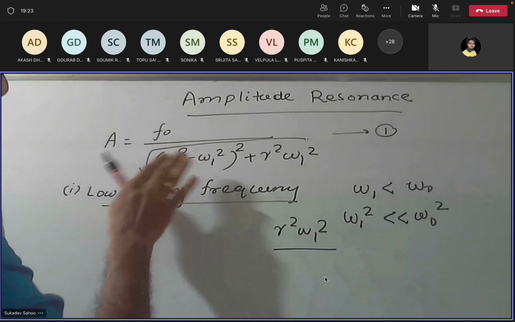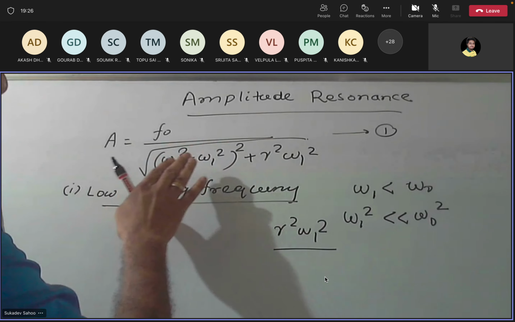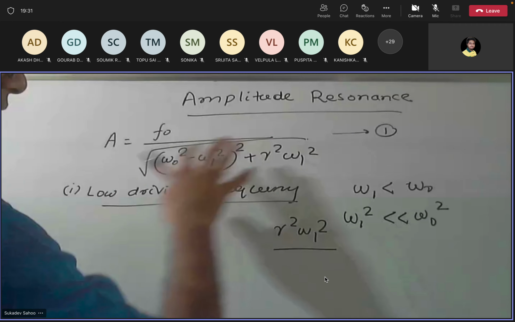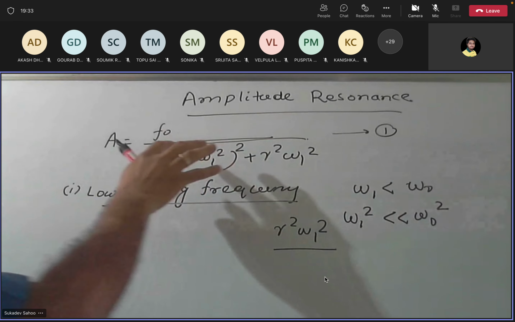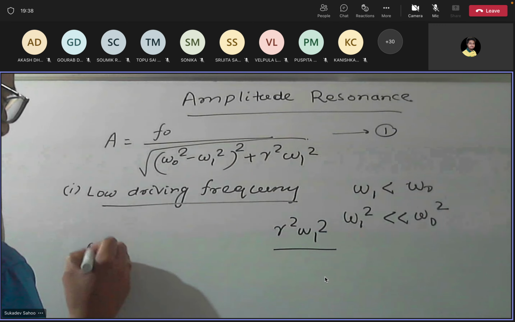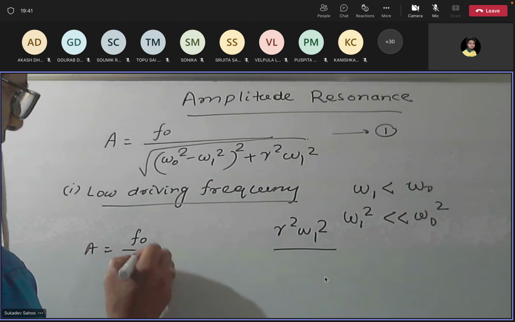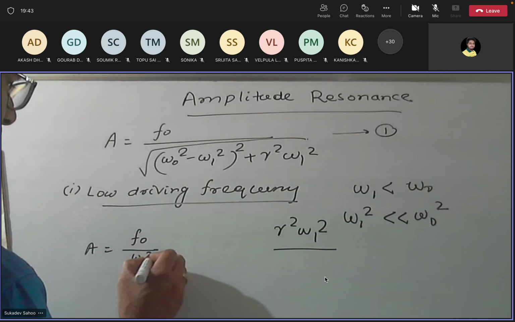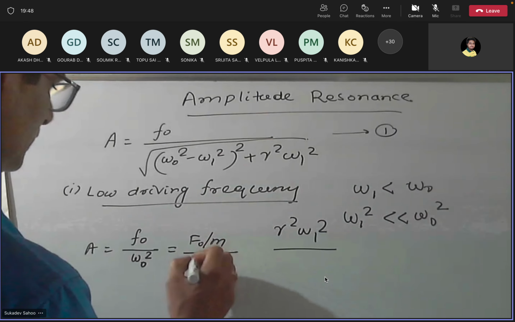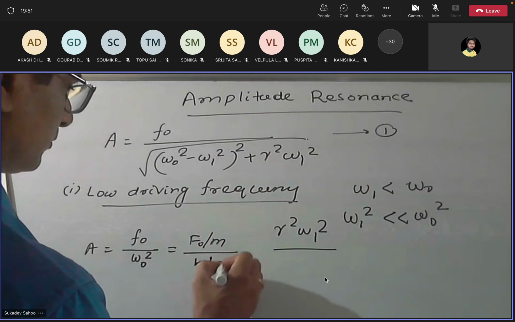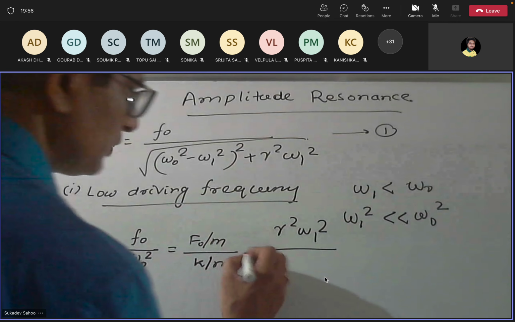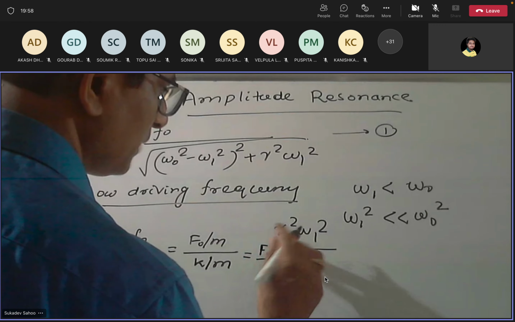So this omega 1 square will be neglected, and here also gamma square omega 1 square will be neglected with respect to omega 0 square. So we can write A equal to F0 divided by omega 0 square, so we can write this as F0 by M, this is K by M, so we can write capital F0 by K.